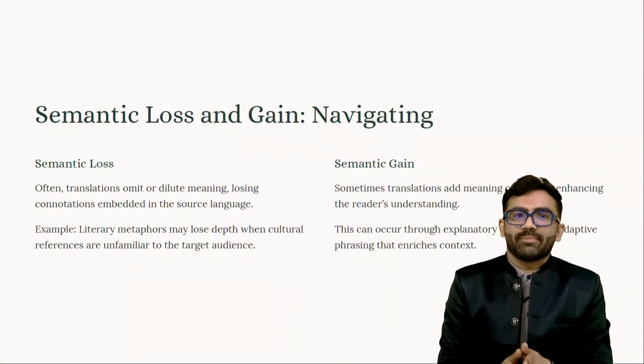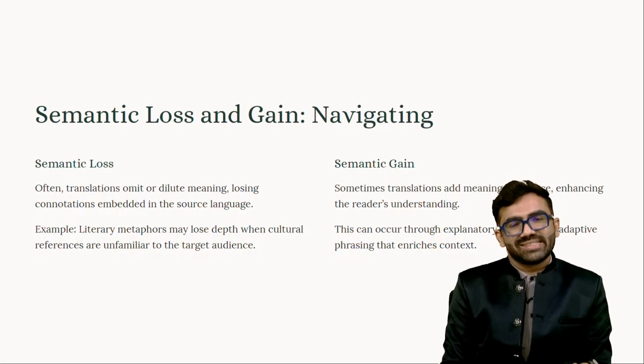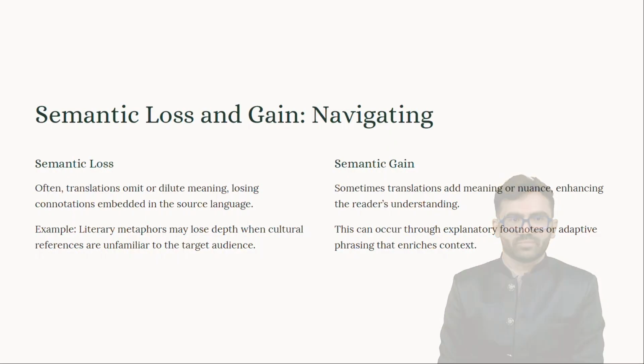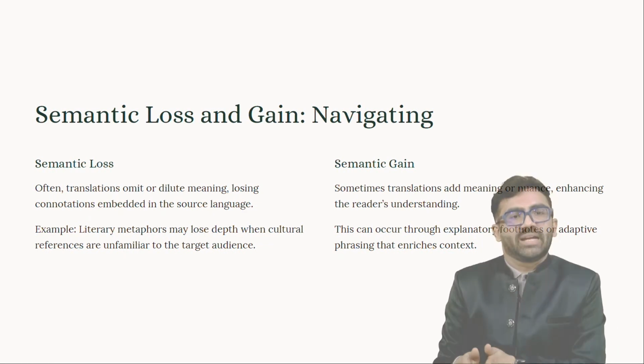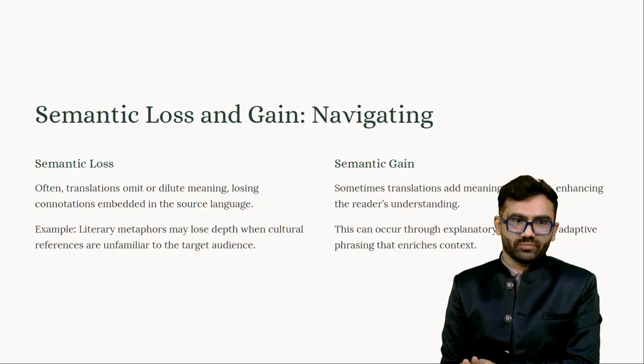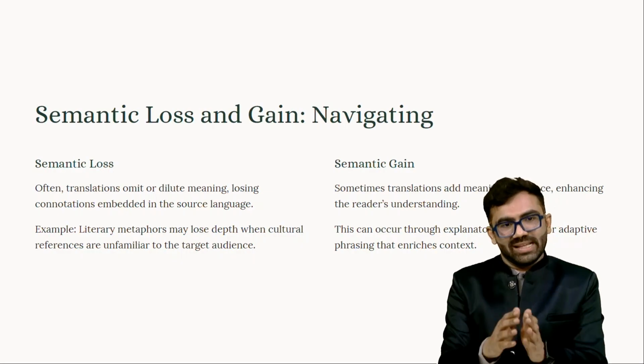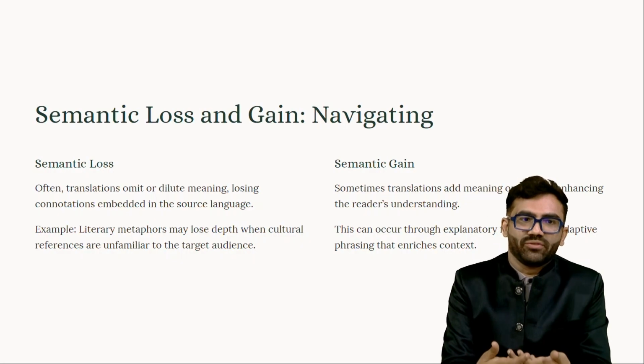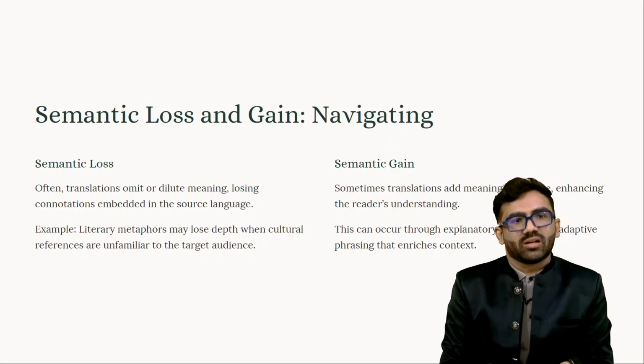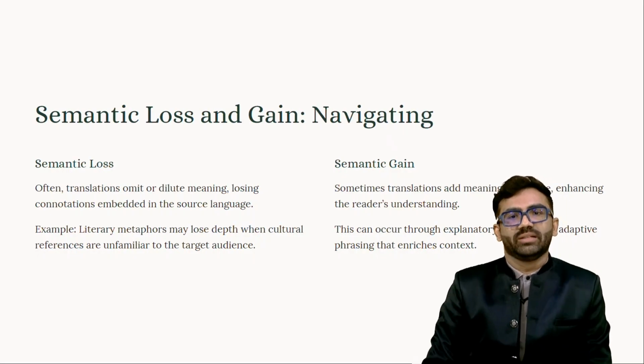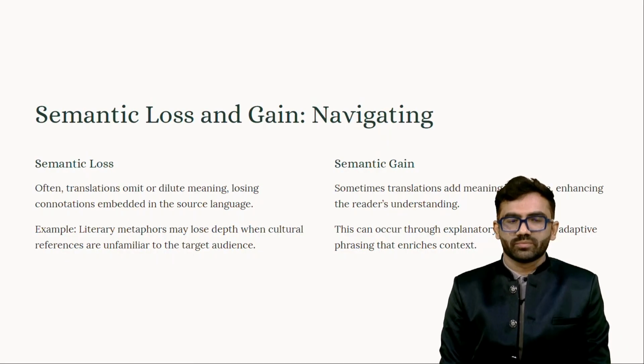When we talk about semantic loss and gain, let's navigate through that. What is semantic loss? Often translations omit or dilute meaning, losing connotations embedded in the source language. For example, literary metaphors may lose depth when cultural references are unfamiliar to the target language.